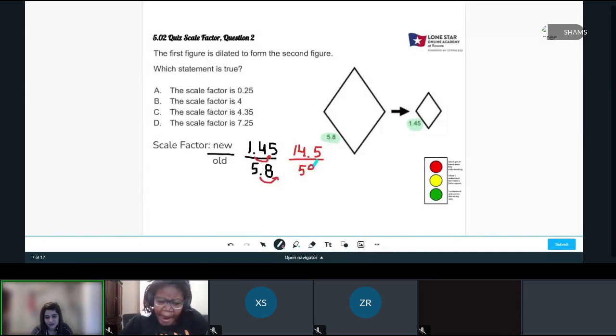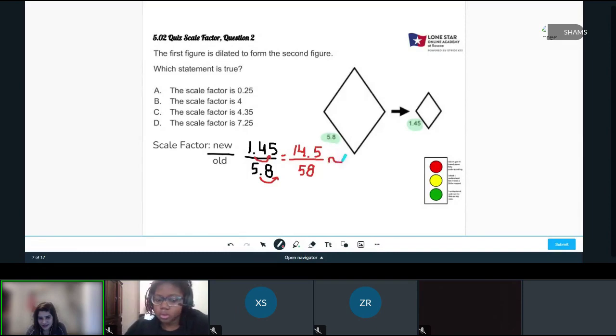I always encourage you to write down multiples before you divide. It will make your work so much easier, right? Because the answer choices are so far apart, I can assure you that if you rounded the numbers, you will still get to the right answer. So consider 58 as 60, right? And 14.5 as 15, and you will still be able to get to the answer.